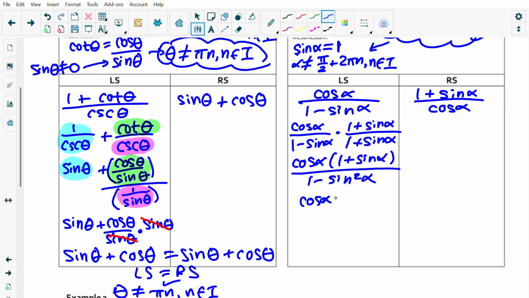And let me use my Pythagorean identity: cosine of alpha times 1 plus sine of alpha divided by cosine squared of alpha. That's my Pythagorean identity right here and right here.